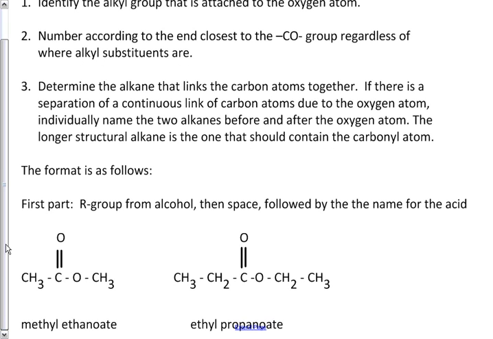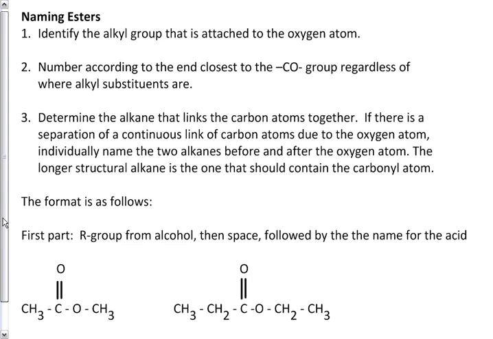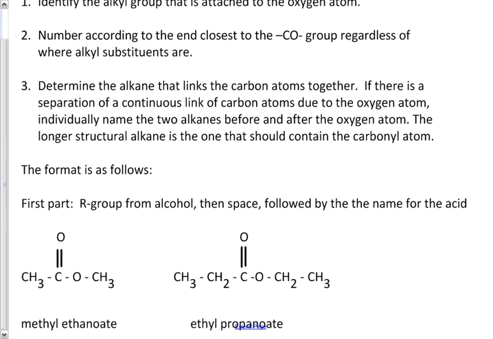It's not too complicated if you read through this, but here's an example, and I'll show you how this one works with these esters. If you look at this here, the carbon that is attached to the C double bond O, which we talked about in the first group, this group attached to the oxygen atom is methyl.